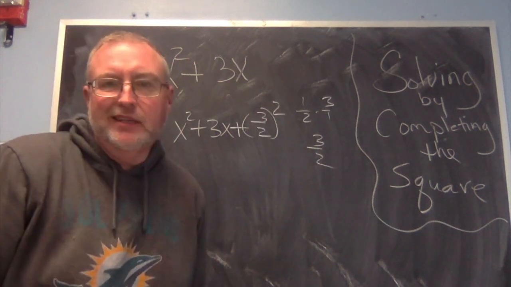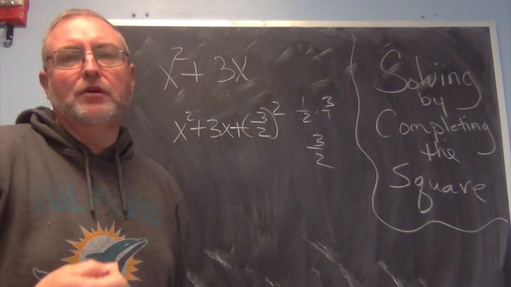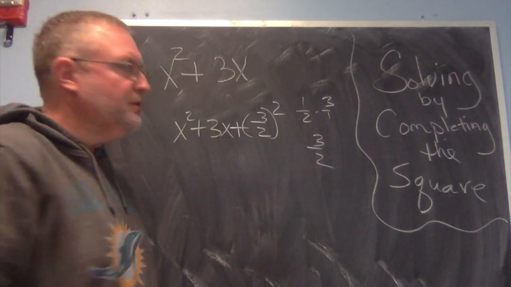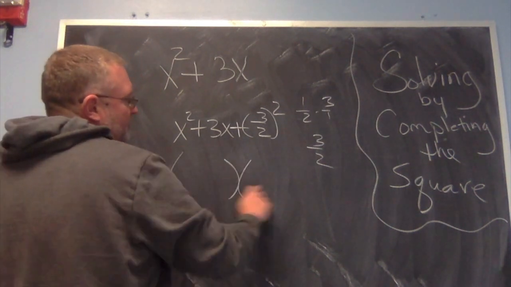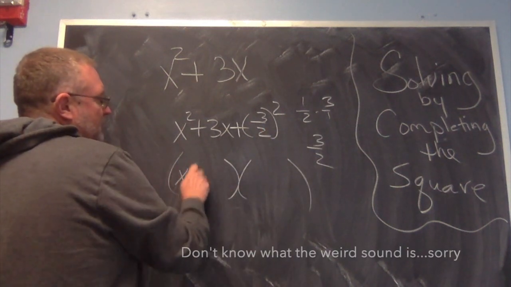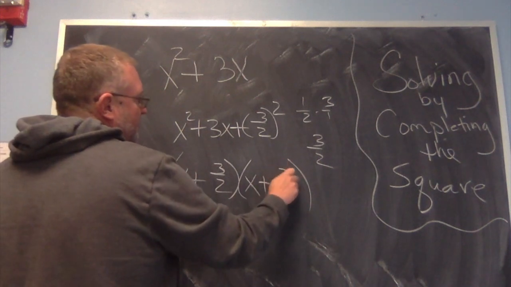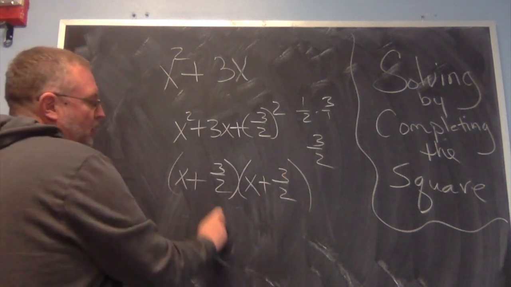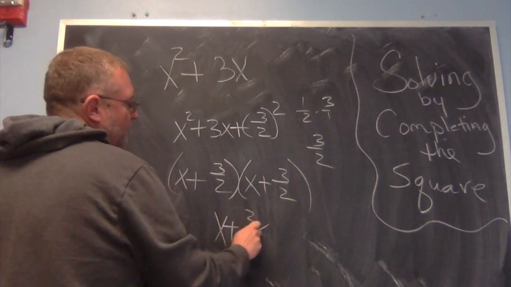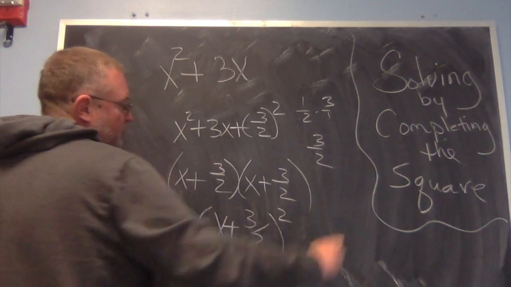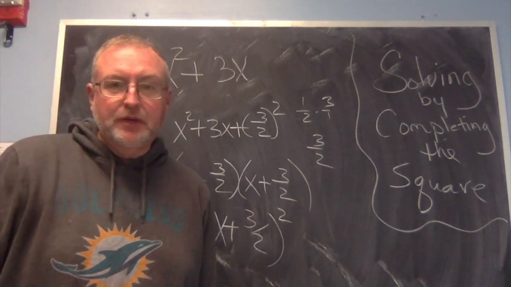Which, if you actually work that out, it would be 9/4, 3/2 times 3/2. But then we just broke that down. It was easy to leave it in that form because we needed x plus 3/2, or x plus 3/2 squared. All right, so that's what we did last week.